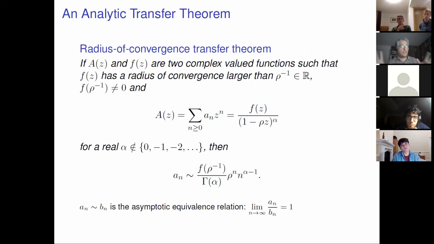Anyway, I'm going to give you just one analytic transfer theorem. There are several. This one says that if you have the generating function of this shape, where the numerator has a radius of convergence larger than the radius of convergence of the denominator, so the pole of the denominator is rho to the -1, and this alpha is any real number, then with this condition, the asymptotics of A sub n are these, where gamma is the gamma function.